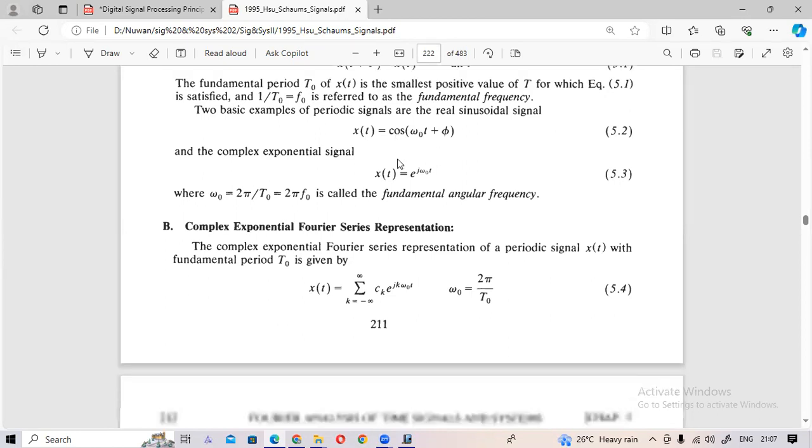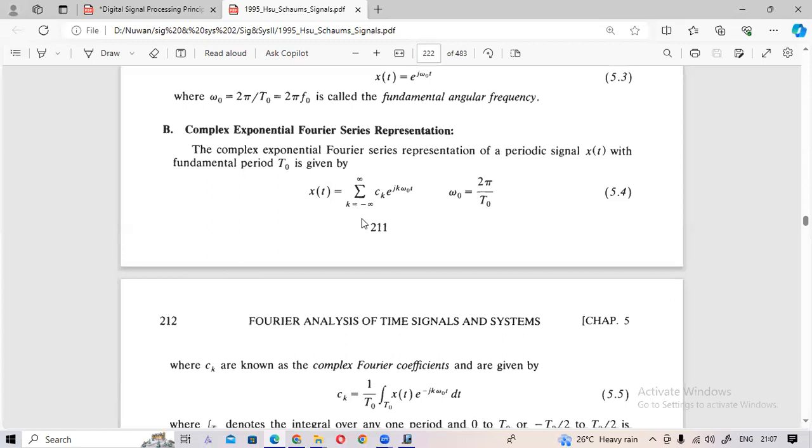Any periodic signal can be represented as a collection of complex exponential terms. Here omega naught is the fundamental frequency, which is 2 pi by T naught.